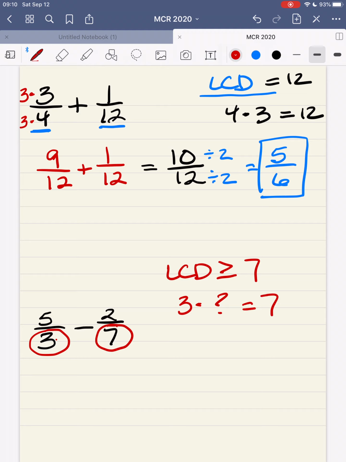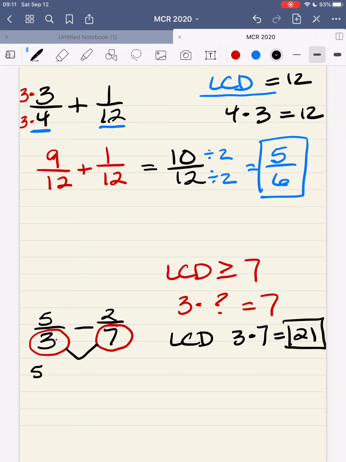So our next step is our LCD is going to be these 2 numbers multiplied together because they have nothing in common. So 3 times 7 is 21. And therefore my LCD in this case is going to be 21, which means each of the fractions has to be multiplied by the other denominator.